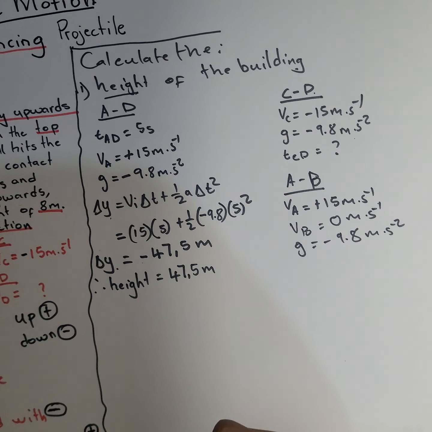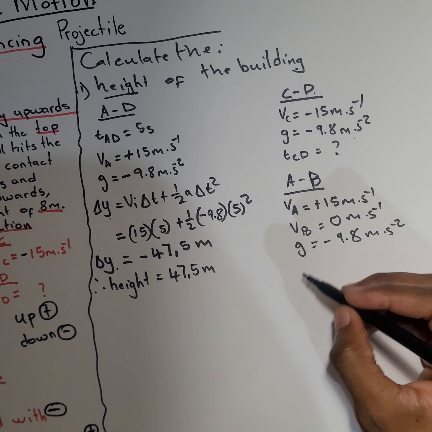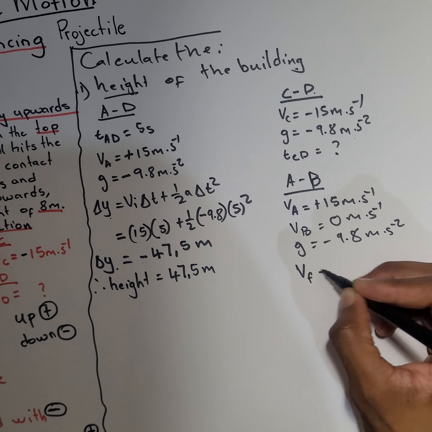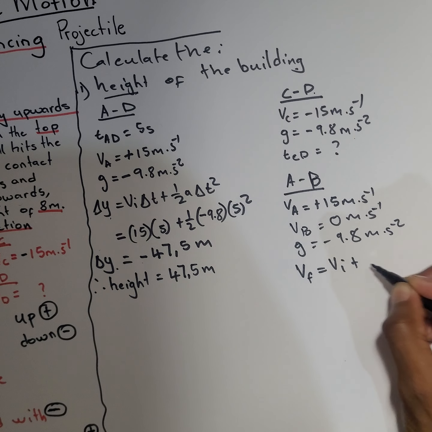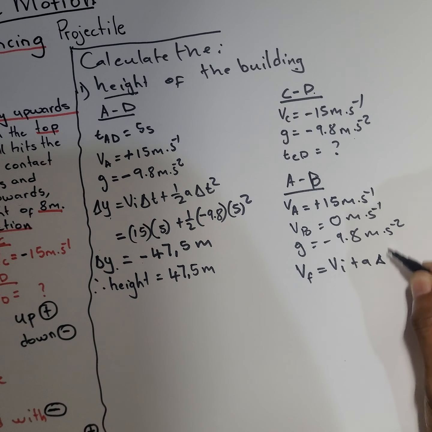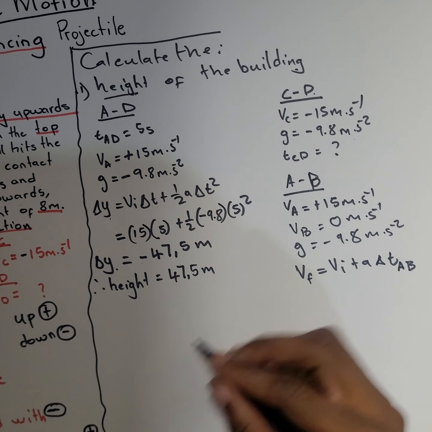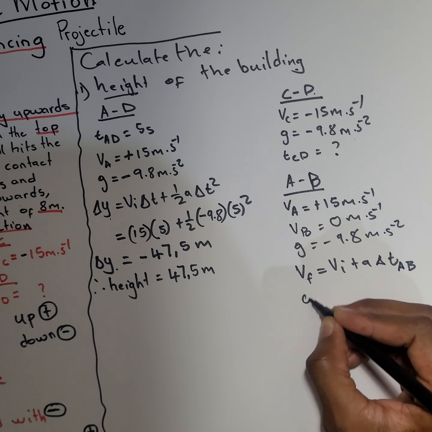And then I have my 3 variables, and looking at my equation, I will say vf is equal to vi plus a delta t. Remember, this delta t, ladies and gentlemen, is from A to B. So the final velocity is 0.